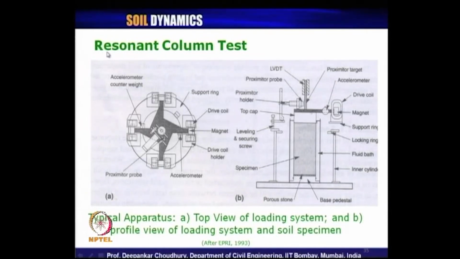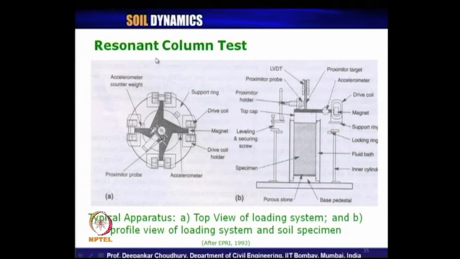As the name suggests, resonant column test, we apply different frequencies of vibration through this sample, and we want it to resonate. So, you plot that forced vibration of dynamic displacement versus different frequency input. You remember that half power bandwidth method we have seen. So, the same concept is used here in resonant column test.